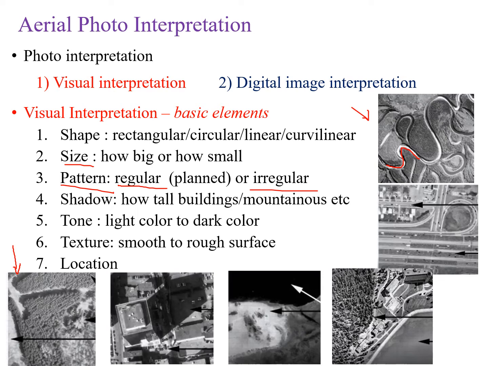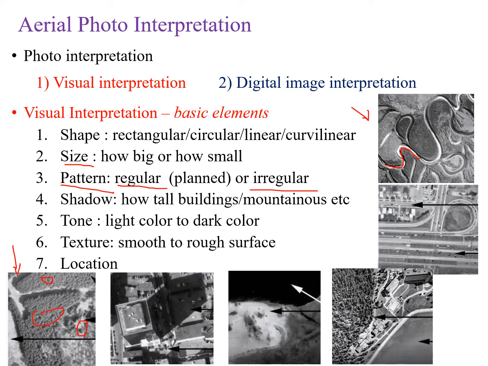So you can see in this case the vegetation which is spread in a very haphazard manner, and this portion which is put under cultivation in a very systematic way.